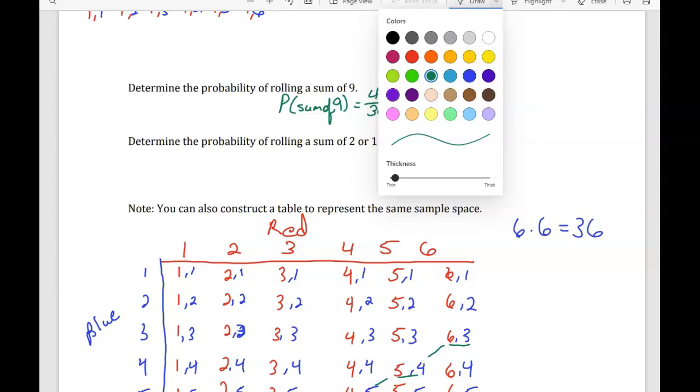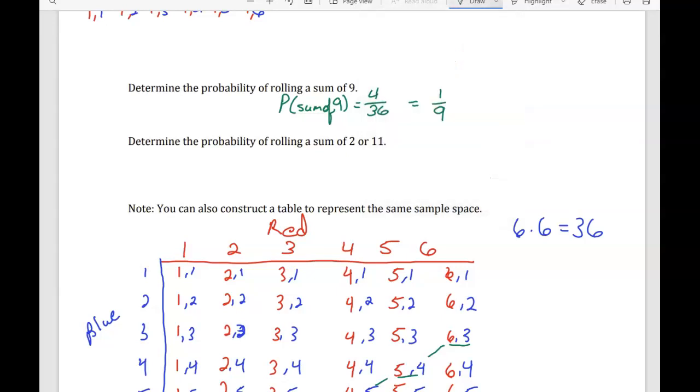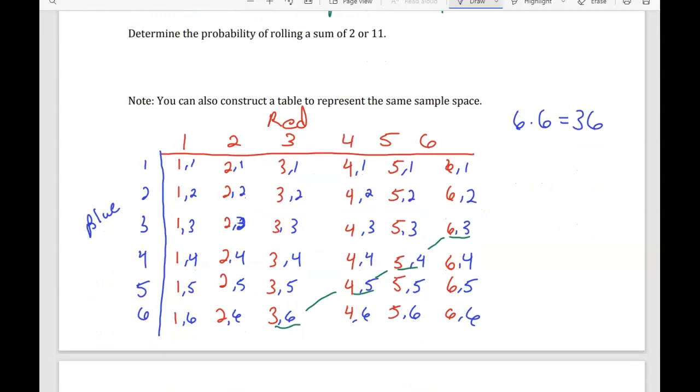Now, if I look for the sum of 2 or 11, this is our only option for sum of 2. And then for sum of 11, I have 5, 6, or I have 6, 5. When we're looking for ORs, I have the probability of sum of 2 plus the probability of sum of 11.